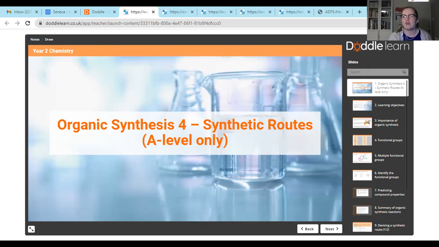If you can't remember them, or how we would draw them, some good time after this session would be spent recapping that. To be honest, the best way to remember functional groups is that really old-fashioned way: write it down, look at it, learn it. So that's for functional groups, for drawing them out.